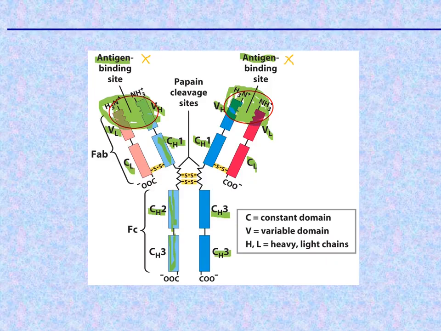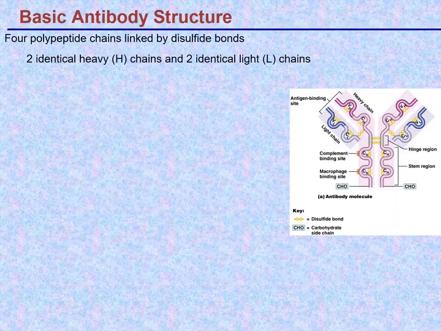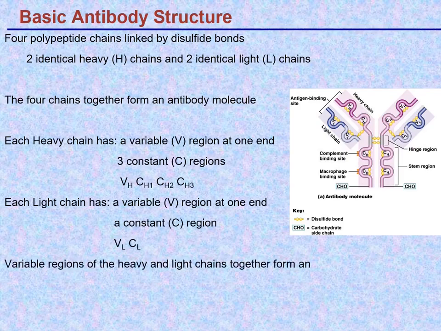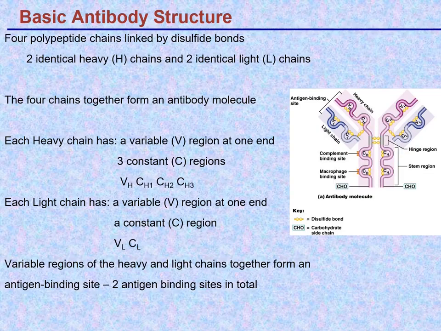Let's move on. There's that diagram that I showed you earlier. So 2 light chains, 2 heavy chains. The heavy chains have variable heavy, constant heavy 1, constant heavy 2, and constant heavy 3. And all of that's written out here.